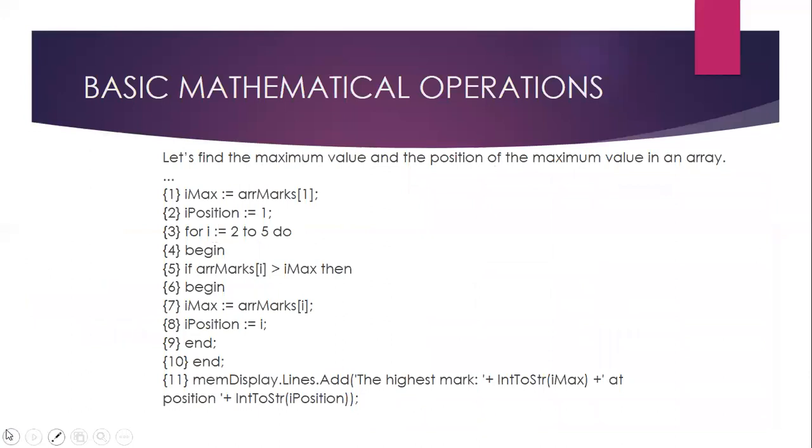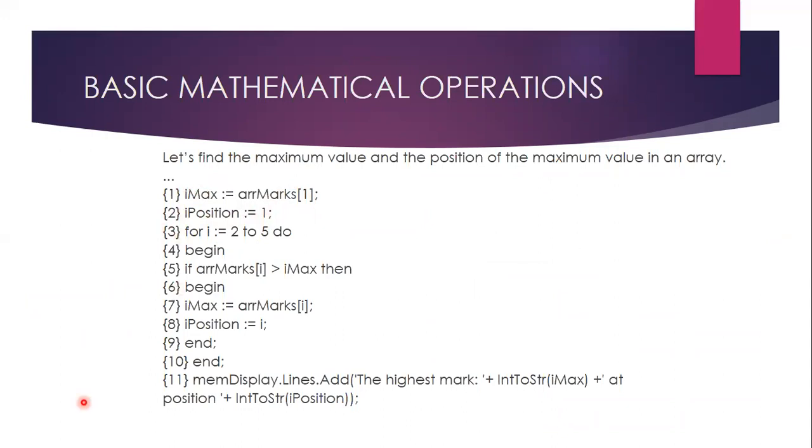Whatever was in position 1 of my R marks, I want written to I max. And then I position, I am going to declare and assign it the value 1. Here begins my for loop.